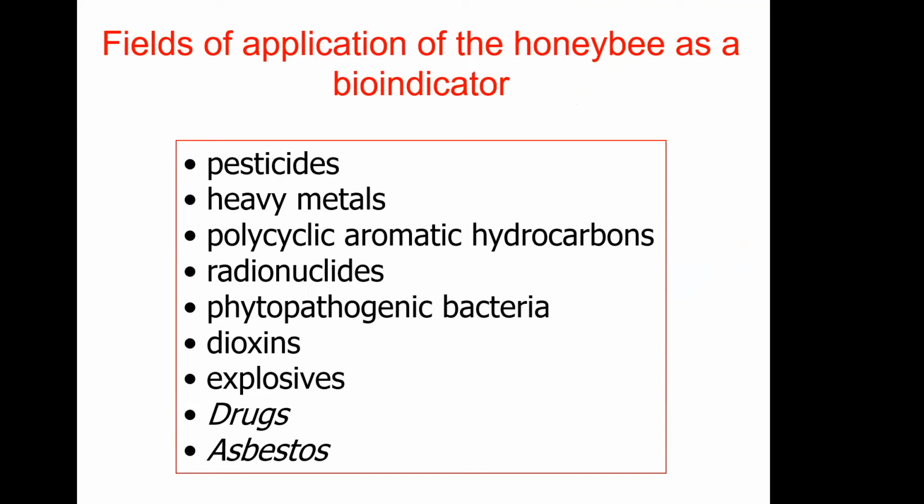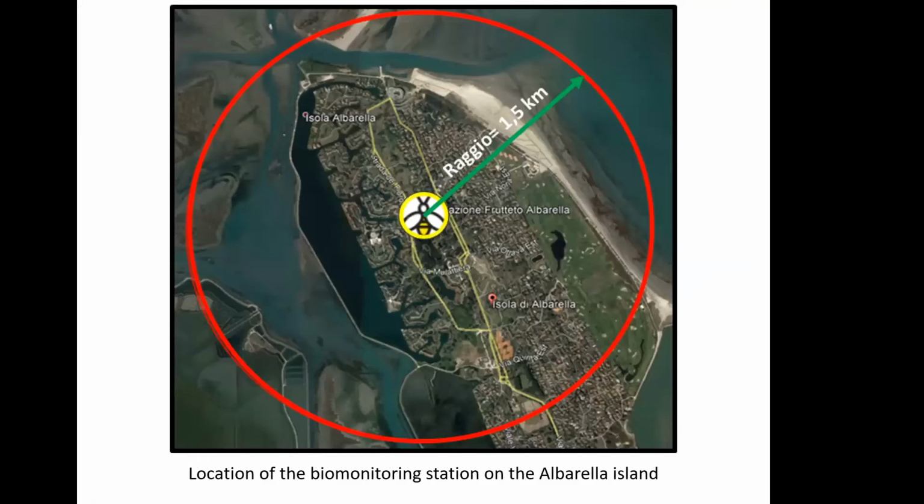Bees can be used to investigate different pollutants in the environment, like pesticides, heavy metals, polycyclic aromatic hydrocarbons, radionuclides, and so on. So they present a very flexible application.